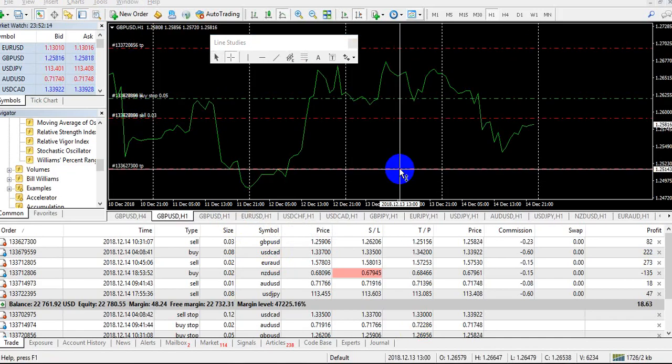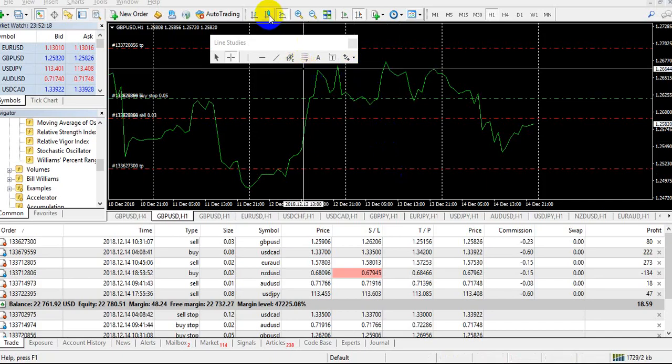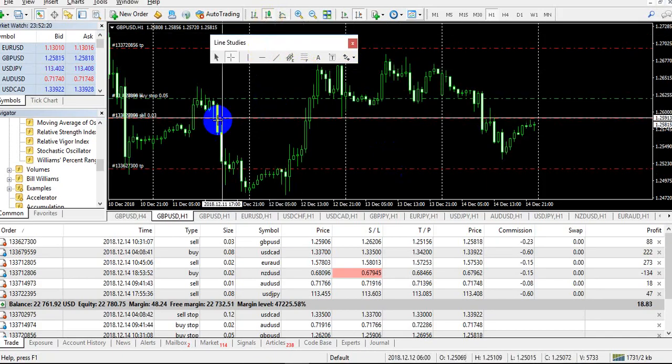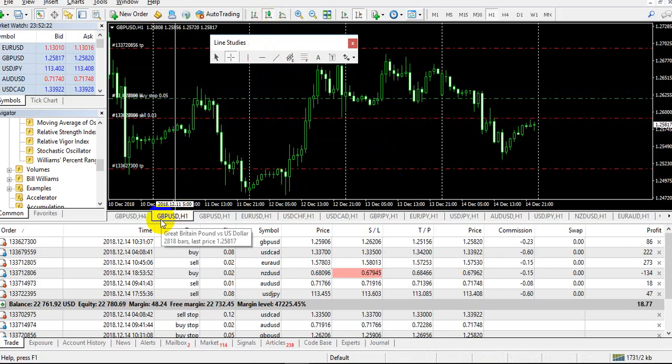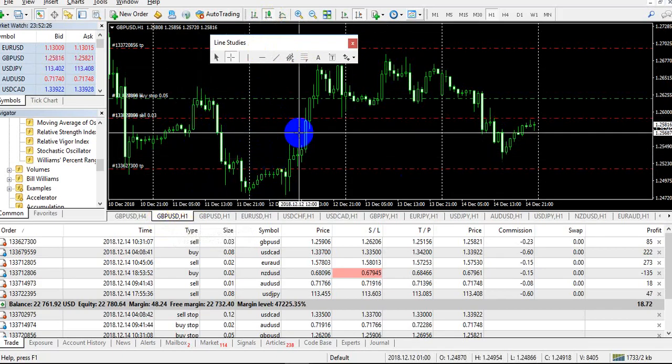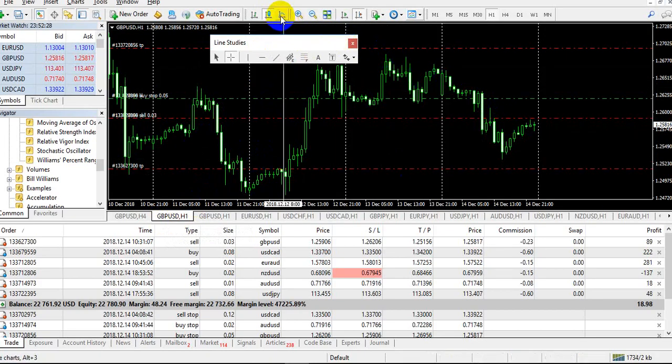So we have to come straight to the charts to fully understand what a pip is. And this is the British pound versus the USD pair. I'm going to turn these candlesticks into a line graph. I already did that before starting this part of the video, but I want to do it again so you can have the benefit of seeing how that is done.